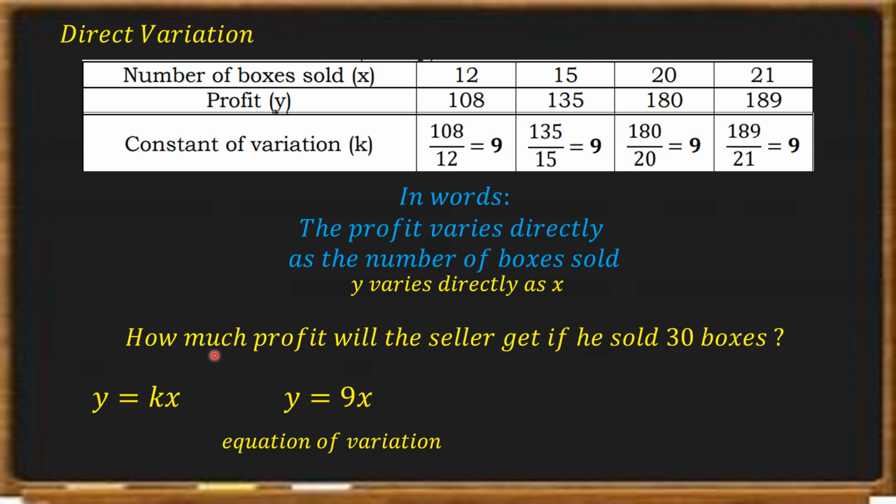So, what is the missing value? The profit. So, we substitute the given 30 boxes for x, because the boxes sold is x. So, y is equal to 9 times 30. Solve that. So, y is equal to 270 units. This is what he earned. Whatever currency is used, if in the Philippines, pesos, 270 pesos. But since no units were given, just 270 units. It is safer. So, this is what he earned, 270 units.